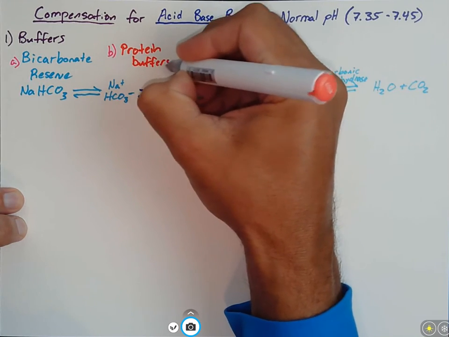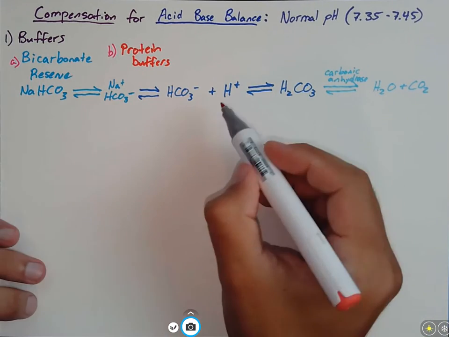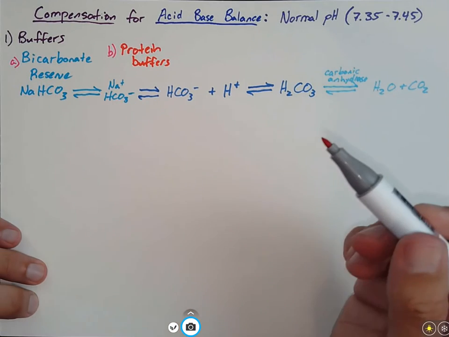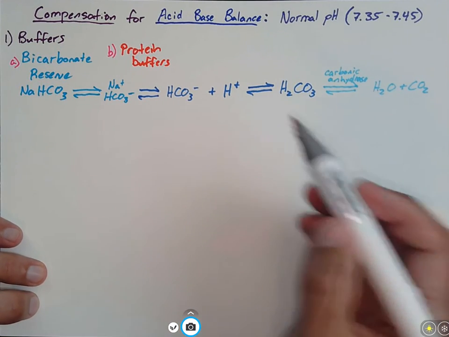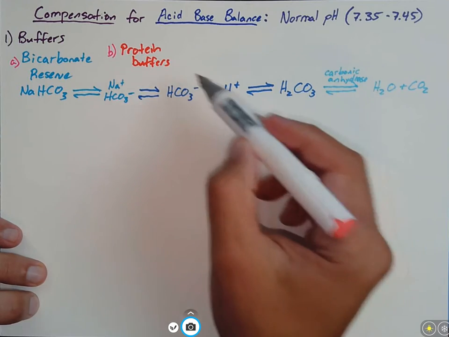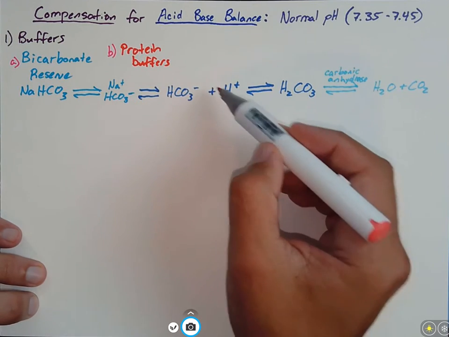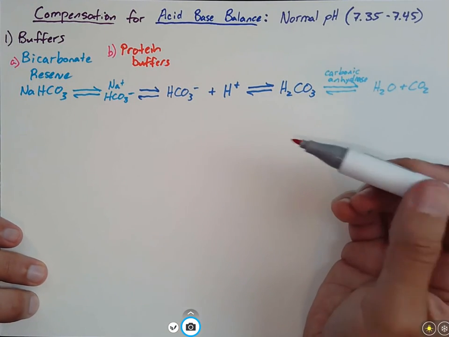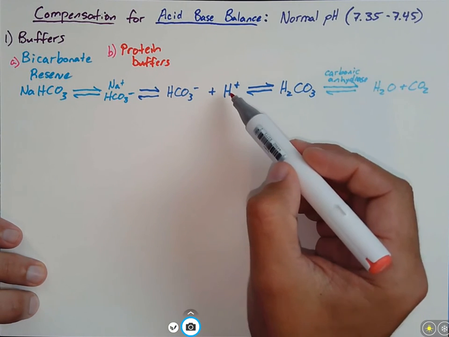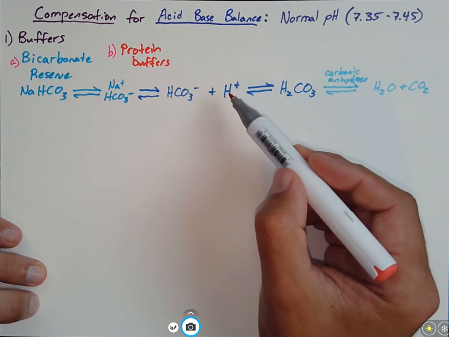And protein buffers, yeah, we don't necessarily want hydrogens binding to proteins because they denature those proteins. But as long as they denature those proteins, then it's pulling those hydrogens out of solution, right? So proteins can act as a buffer for hydrogen. Why?